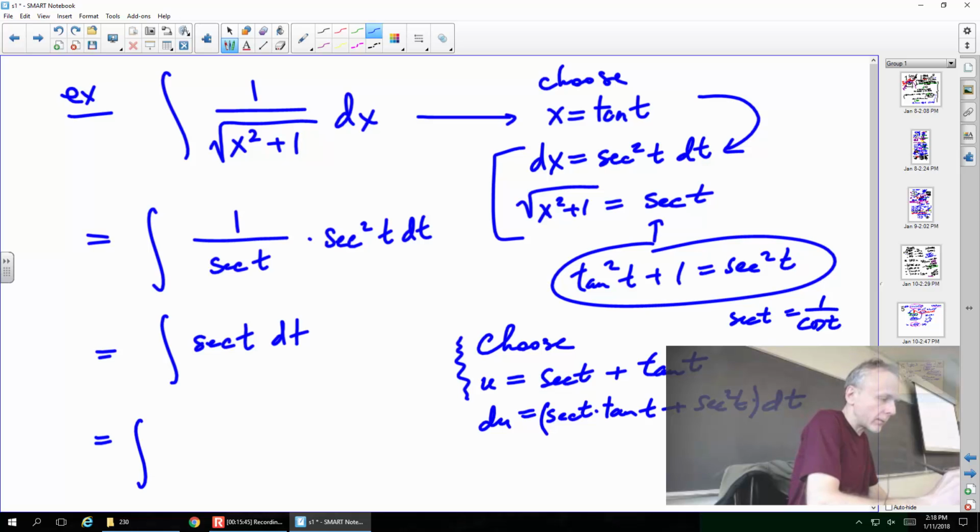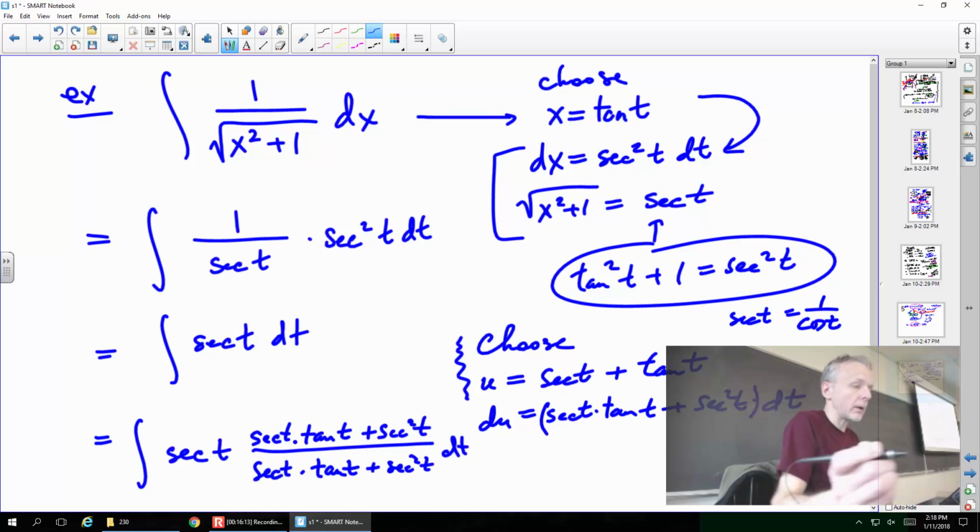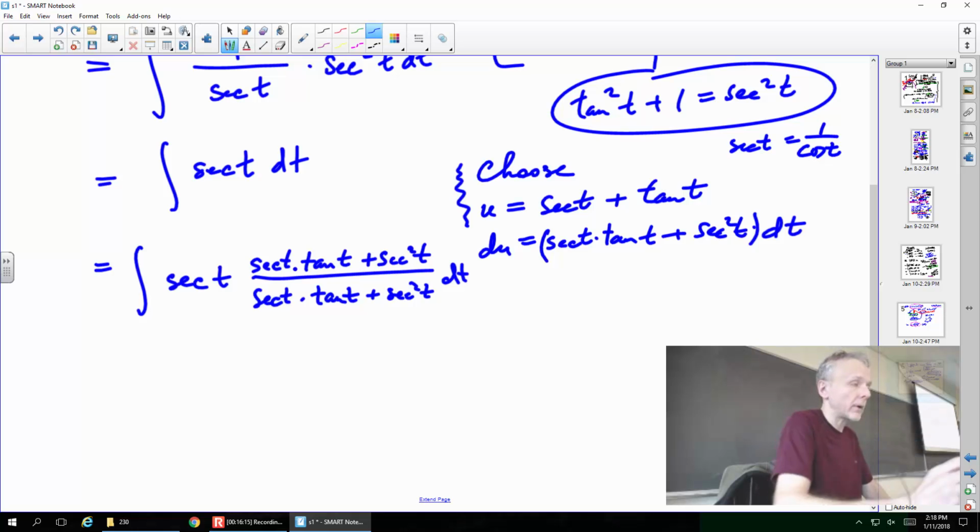So I put secant here, and I put the derivative of the expression in the parentheses at the bottom here, plus secant squared. Secant t times tangent t plus secant squared t. Okay, so that's the same. This is simply 1. Remember this trick that we use sometimes. Then look at it.